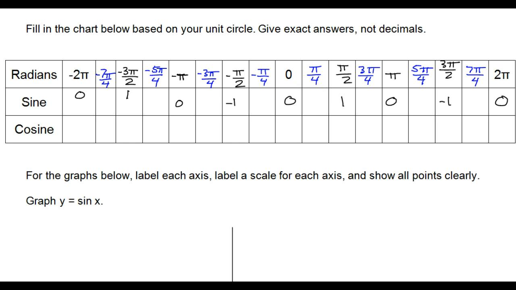So at pi over 4, we're talking about 1 over radical 2. Now, all of these multiples of pi over 4 are going to have some version of 1 over radical 2. It's just that some of these will be positive and some of them will be negative. But they will all involve 1 over radical 2.